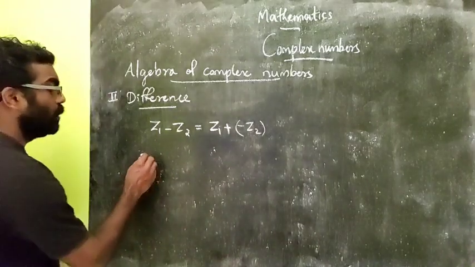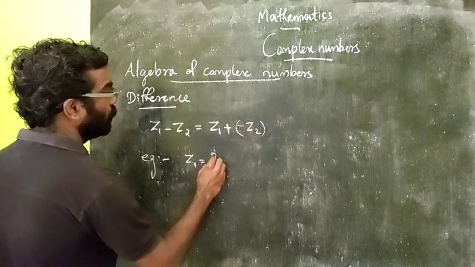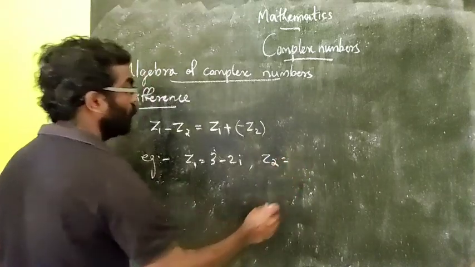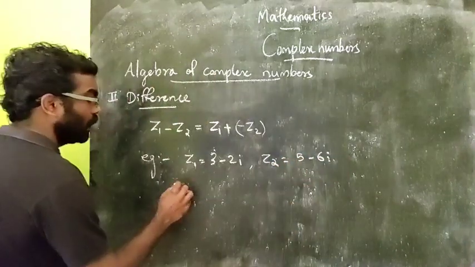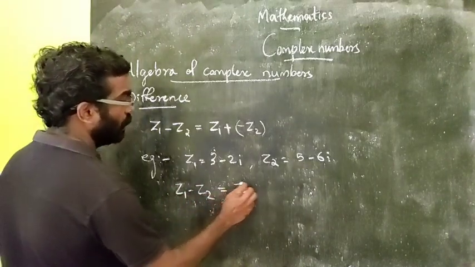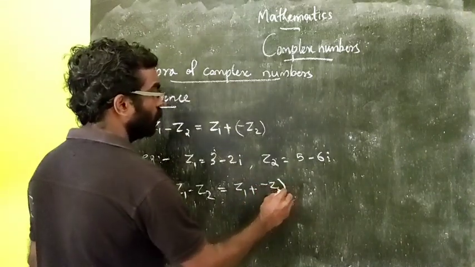Okay, for example, z1 is equal to 3 minus 2i and z2 is equal to 5 minus 6i. Here if we want to find z1 minus z2, then we can write z1 plus minus z2.